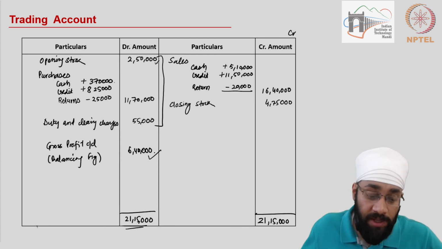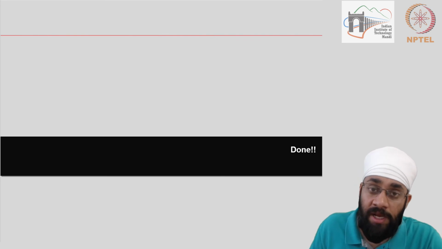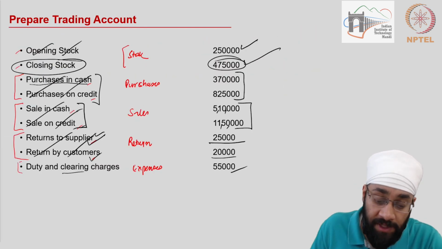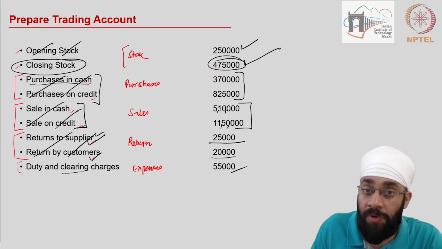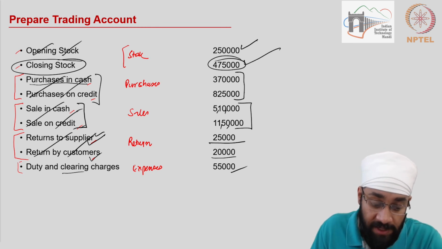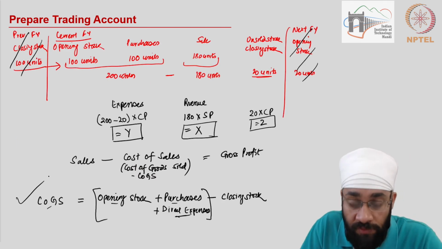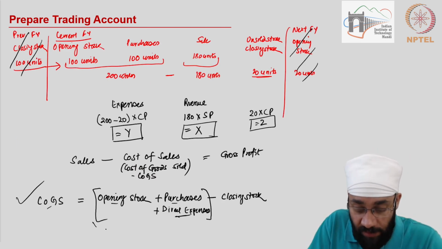So what we did in this example, in this tutorial, was that we looked at a lot of detailed data relating to purchase of stock, sale of stock, returns, and closing stock. And then we learned this concept of cost of the goods sold, and this is the formula for that.